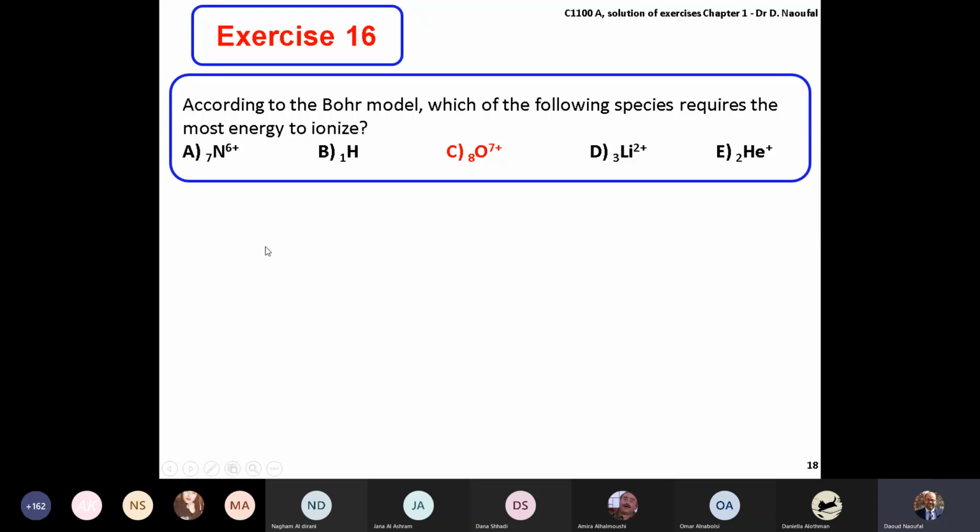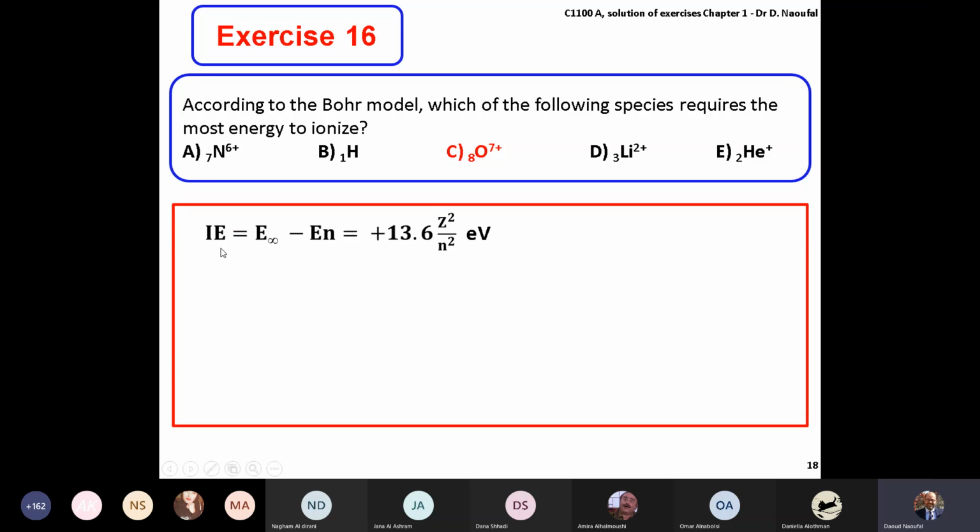So how to analyze, or what is the strategy to solve this exercise? The ionization energy, by definition, is equal E infinity minus E where the electron is found, so minus En, and E infinity is equal to 0. So the ionization energy, by definition, you can apply directly this formula.